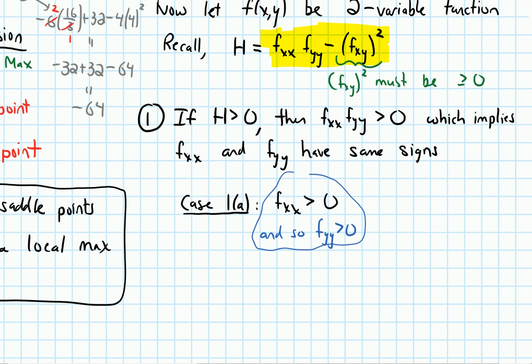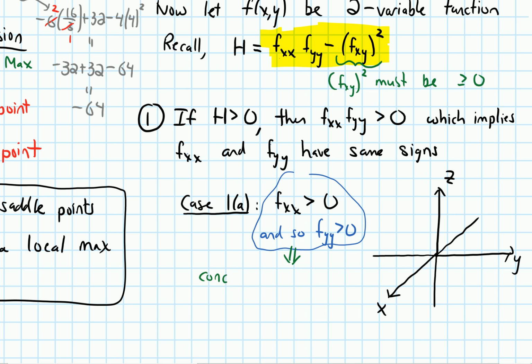So if I draw a graph, 3D axes, my z-axis, my x-axis, my y-axis, let's go in the negative directions. So negative z, negative y, and negative x. What do these second derivatives tell us about concavity? Well, fxx being positive means that our surface is concave up if you just look at it in the x direction.